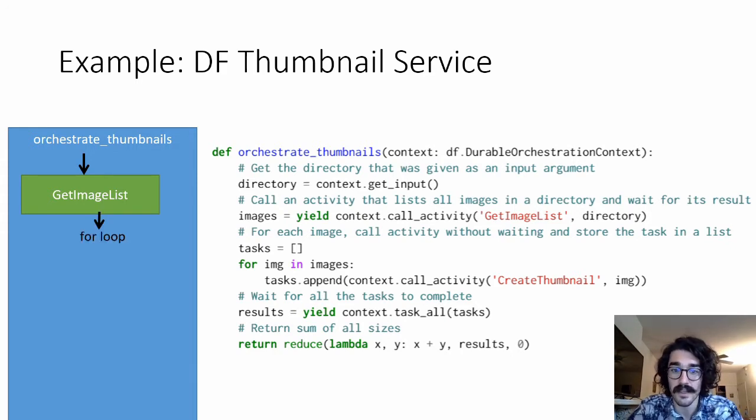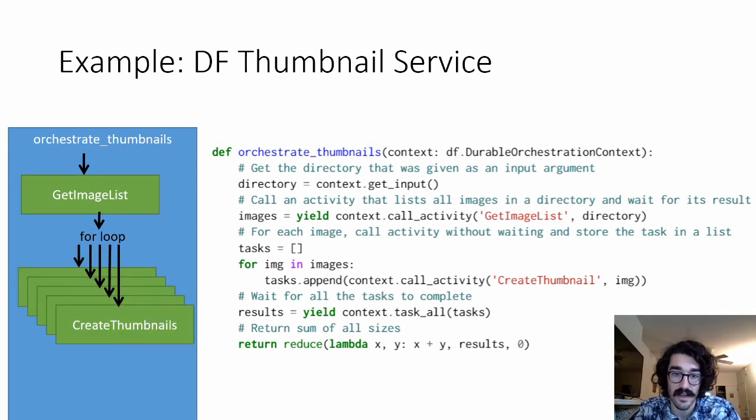And then it has a for loop where, for each of these images, it calls an activity that creates a thumbnail and stores it somewhere else, again in some other storage service. We wait for all of this to finish and then return the sum of all the sizes of the thumbnails.